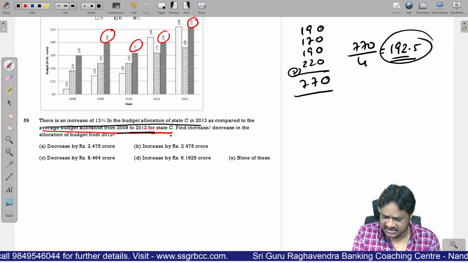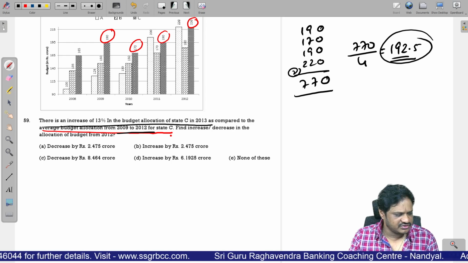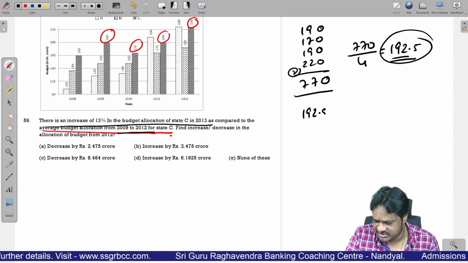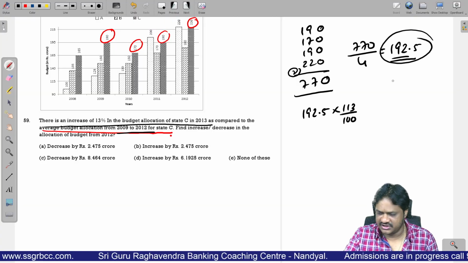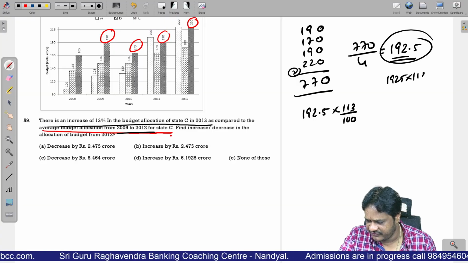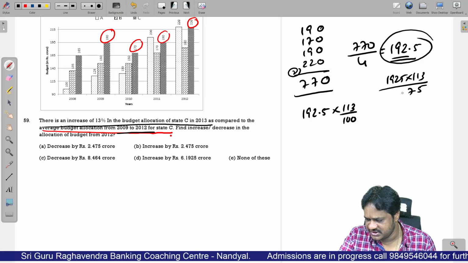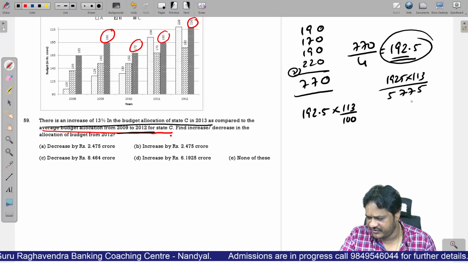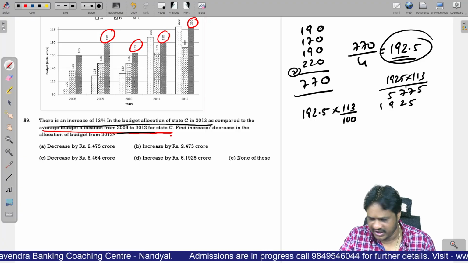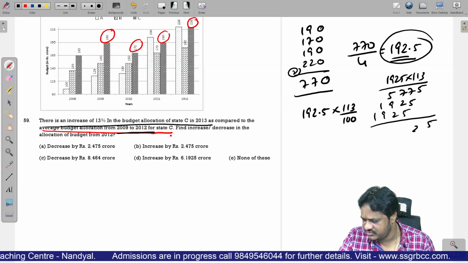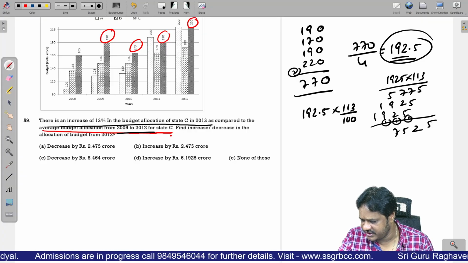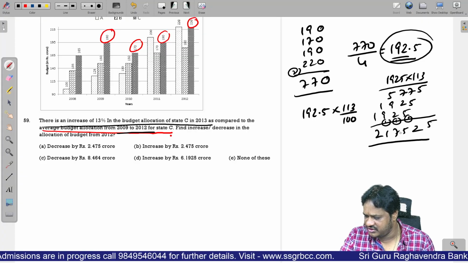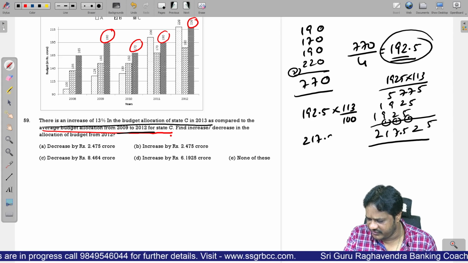There is an increase of 13%. Now this should be increased by 13%. So 192.5 into 113%. Let us do that calculation. 1925 into 113, we will get 217.525.